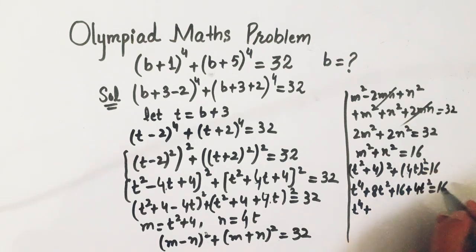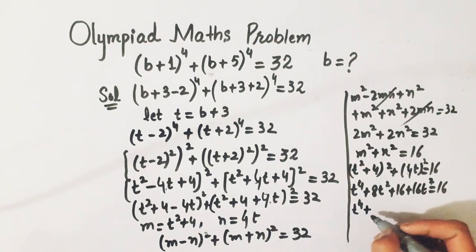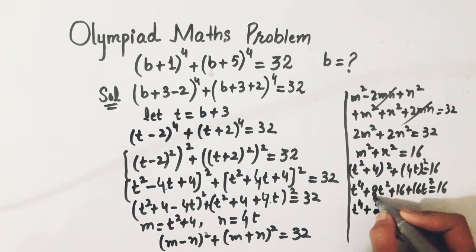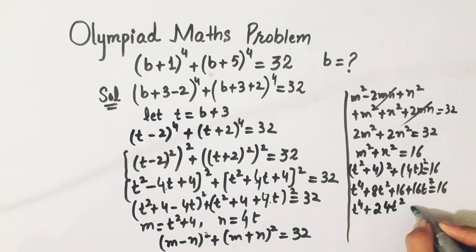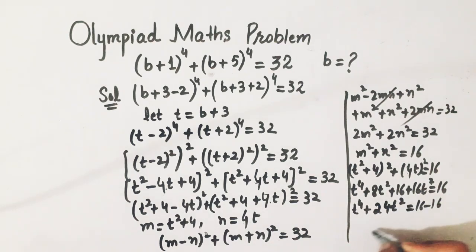When we take the square of n, which is 2t, this will be 4t^2. That gives t^4 plus 12t^2 plus 16 equals 16. Then 16 minus 16 is 0, and we have t^4 + 12t^2 = 0. We can take t^2 common, so t^2 times (t^2 + 12) equals 0.